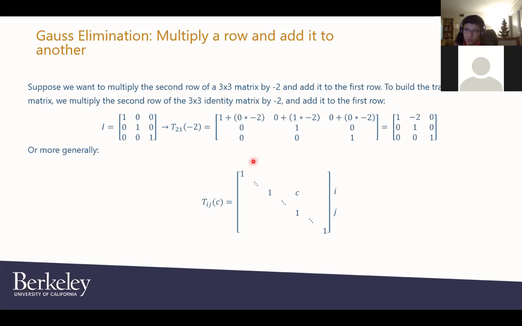Okay. So again, if we generalize this, we will have an identity matrix with ones in its diagonal.